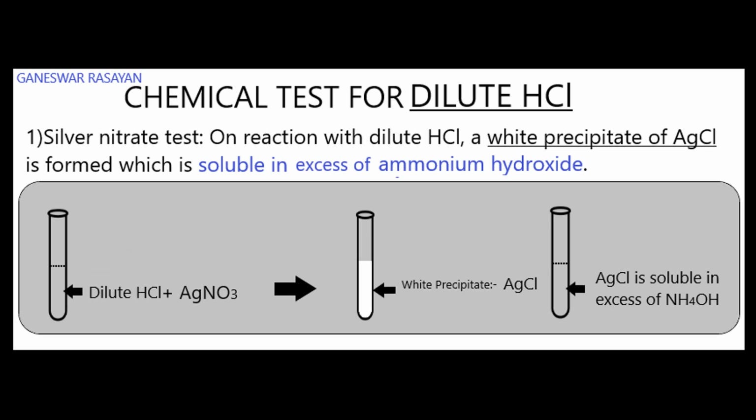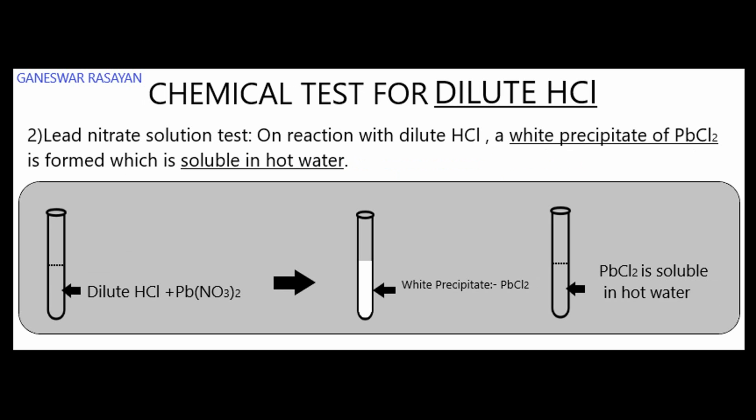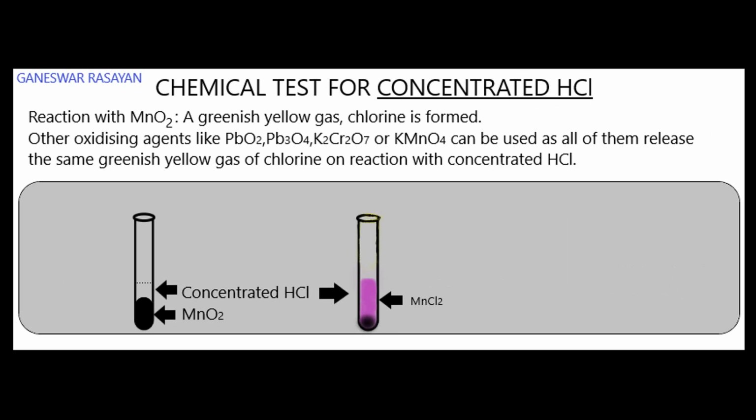On reaction with dilute hydrochloric acid, a white precipitate of silver chloride is formed, which is soluble in excess of ammonium hydroxide. Another chemical test for dilute hydrochloric acid is the lead nitrate solution test. On reaction with dilute hydrochloric acid, a white precipitate of lead 2 chloride is formed, which is soluble in hot water.